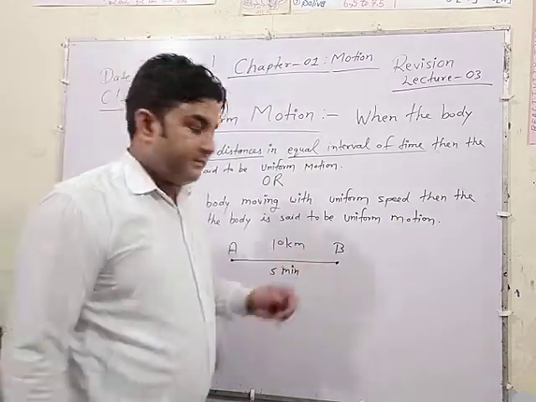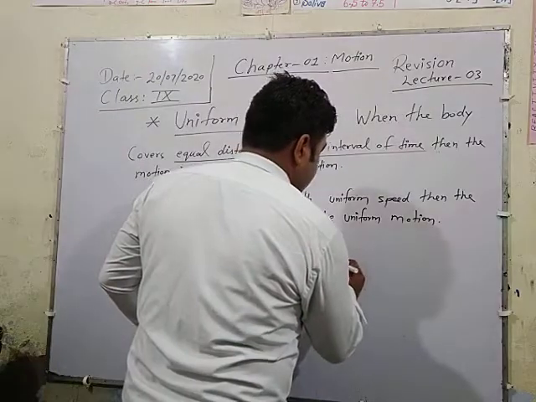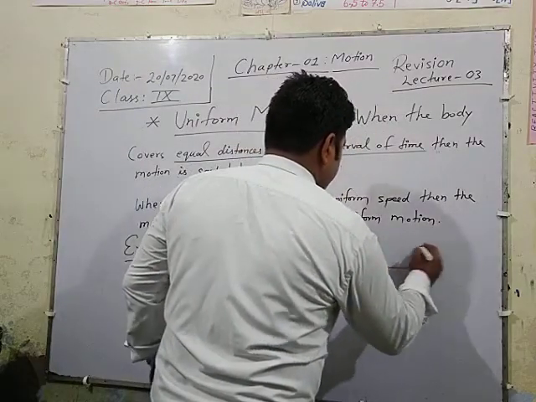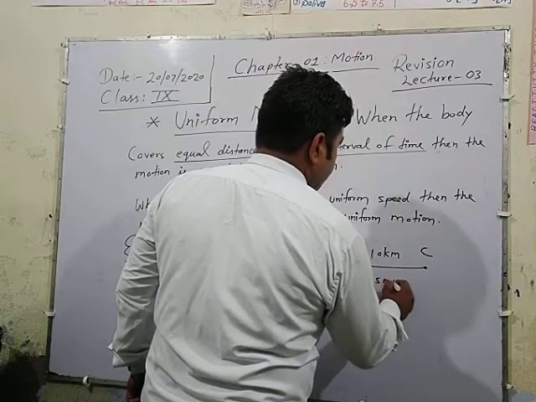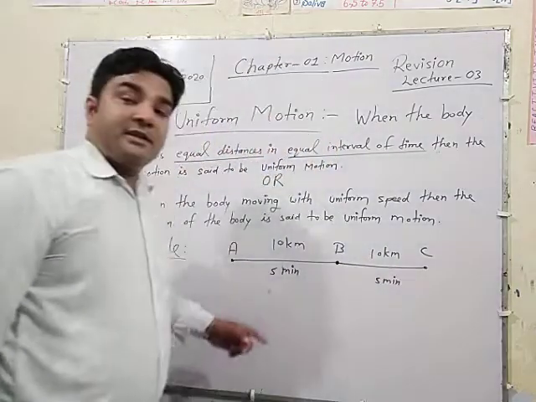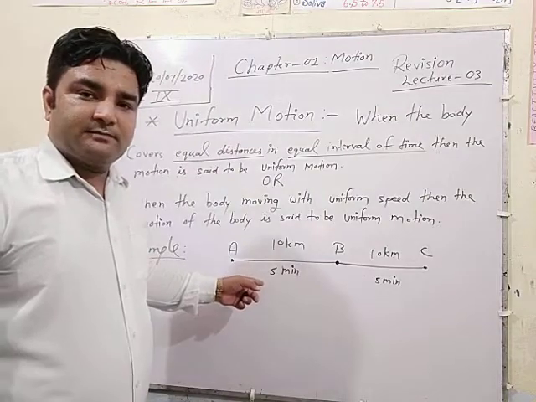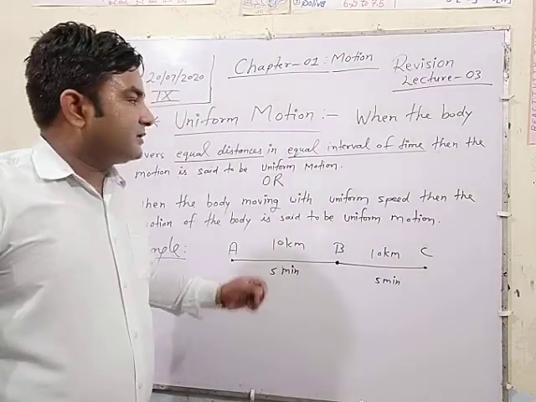Then again it covers the distance from B to C, that is 10 kilometer in 5 minutes. Then the speed of the car is said to be what?